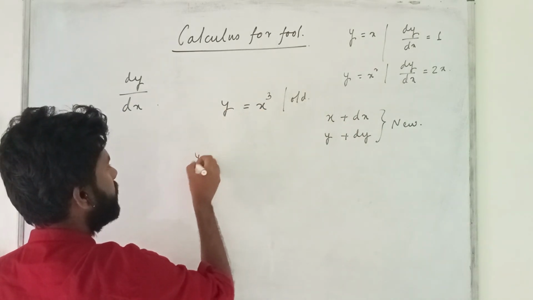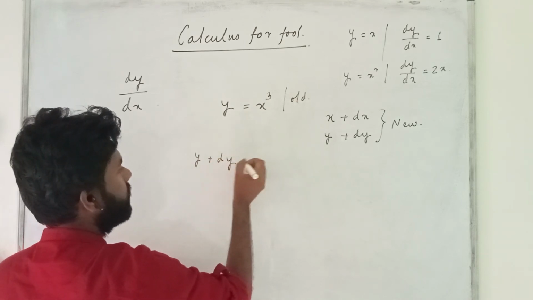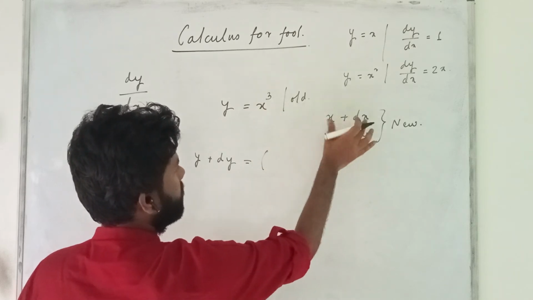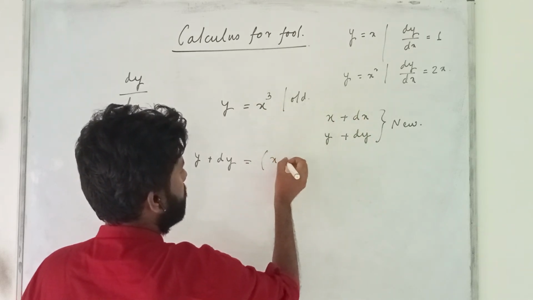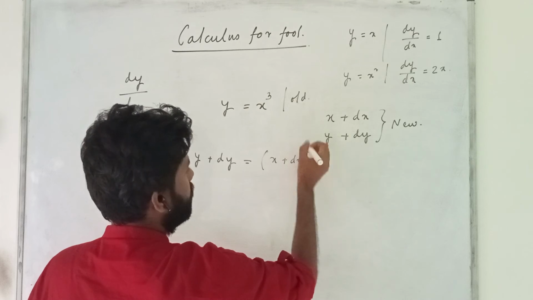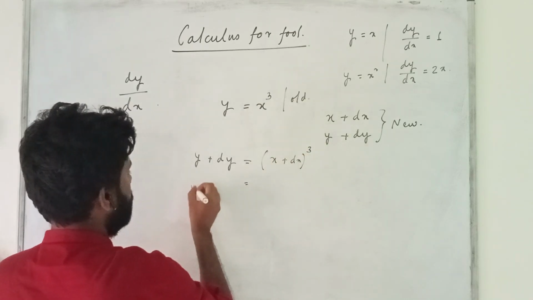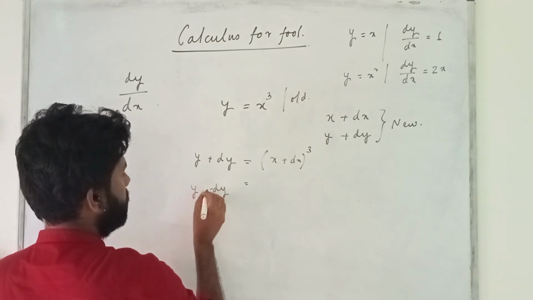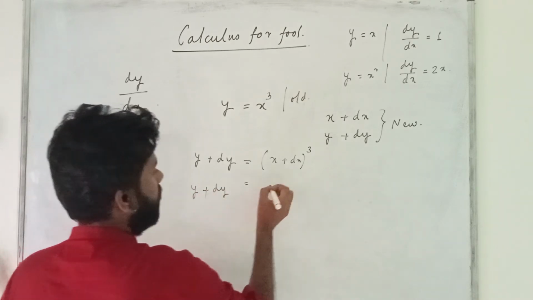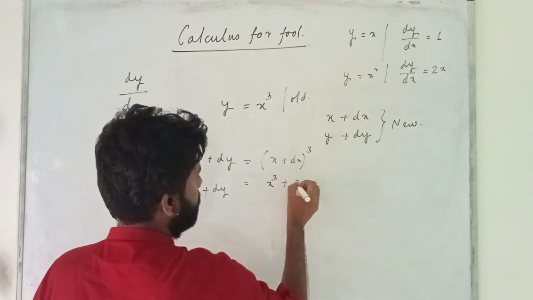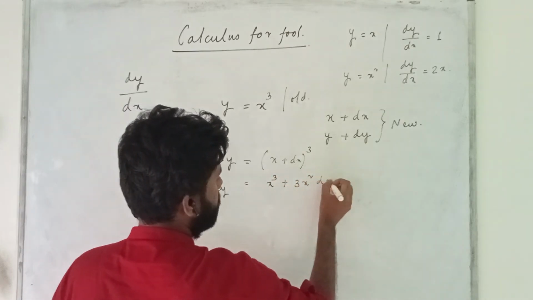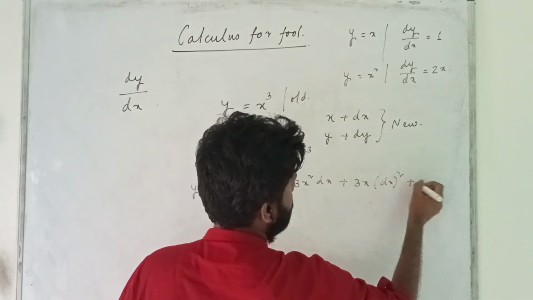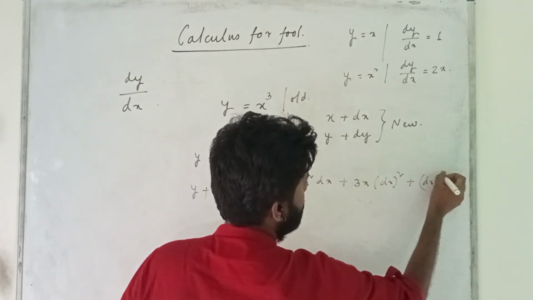So the new equation becomes y plus dy equals x plus dx cube. And all of you know it is the (a plus b) whole cube. So what is this actually? It is x cube plus 3x squared dx plus 3x dx squared plus dx cube.